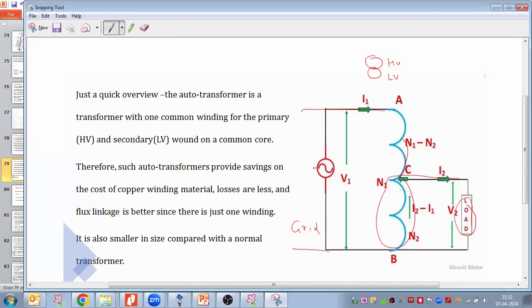But if I use the auto transformer, whatever the load side harmonics, unbalance, zero sequence current, all these things will be fed to the grid. So this kind of transformer is used only in the grid system, where the HV side and LV side are not feeding any direct industrial load. It is part of the grid system, so in those kinds of grid systems, this transformer can be used.